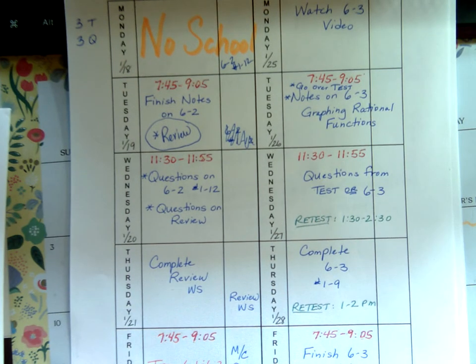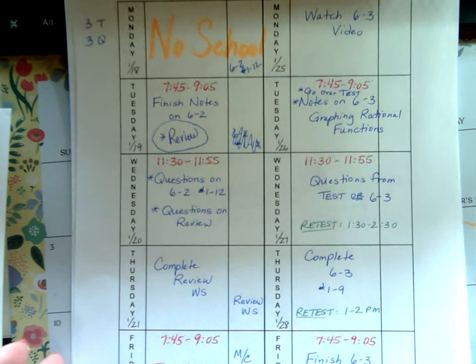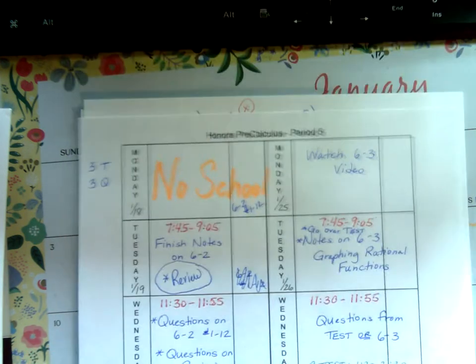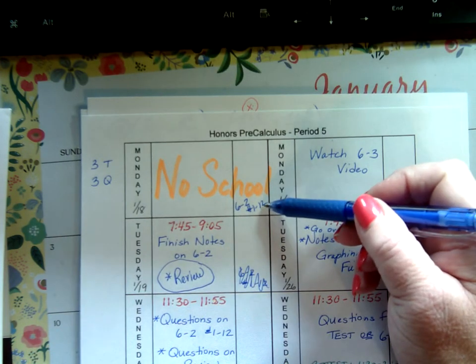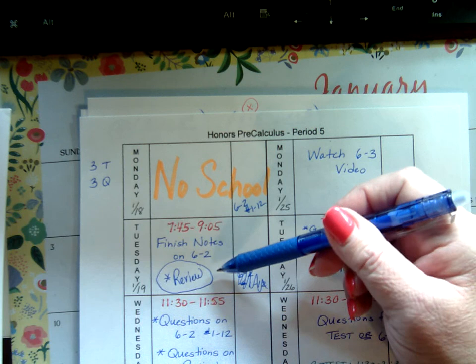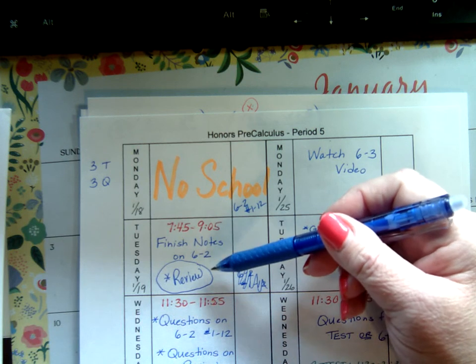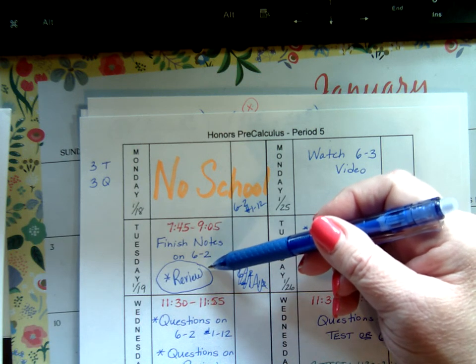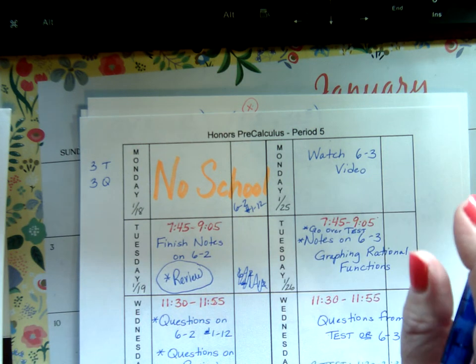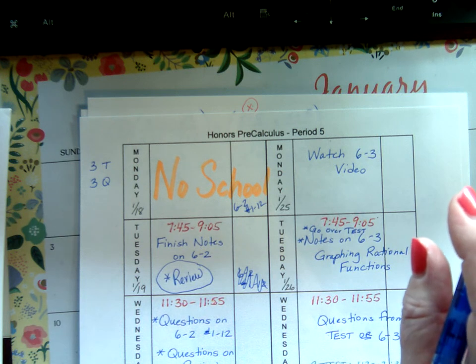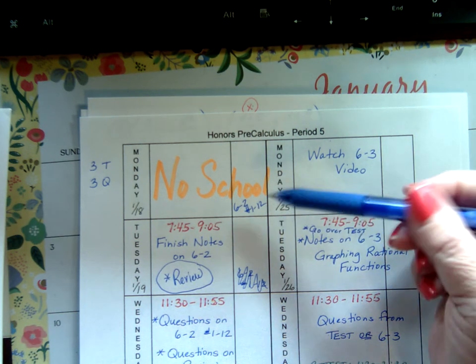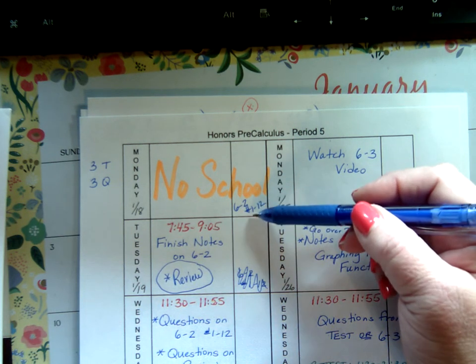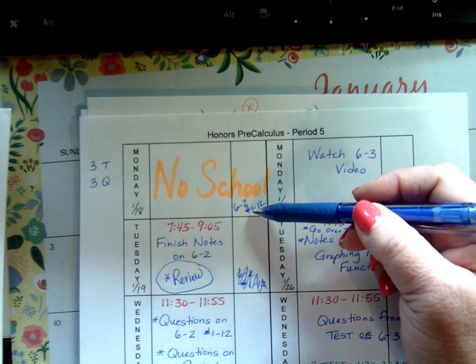So the due date for 6-2 is by Monday, 1 to 12. And then we'll work on the review sheet, which I think I already posted. I'll double check, make sure that I did. And I'll also do the video for 6-1 so I can post that as well for you. All right, so your next due date is 6-2, 1 to 12 by Monday, leading towards a test on Friday, 6-1 and 6-2. Good?